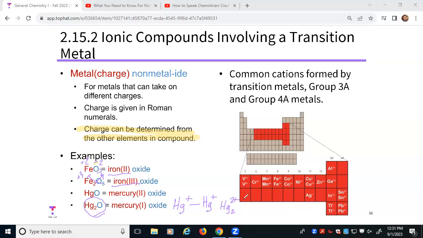One other important thing to note here. We've talked about the idea that there is variability in charges. Well, there are some transition metals that don't apply in that kind of way.